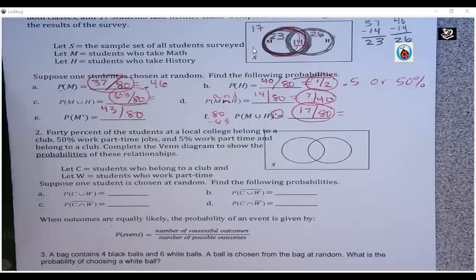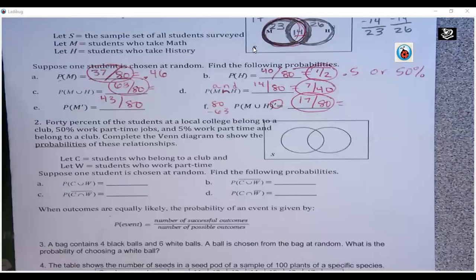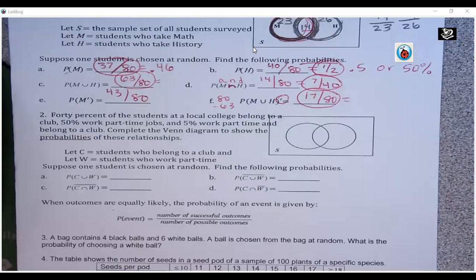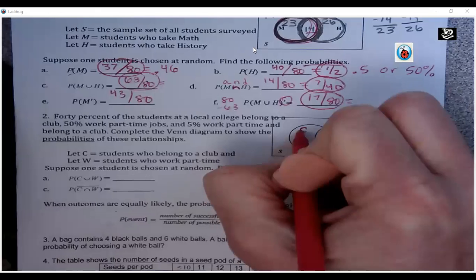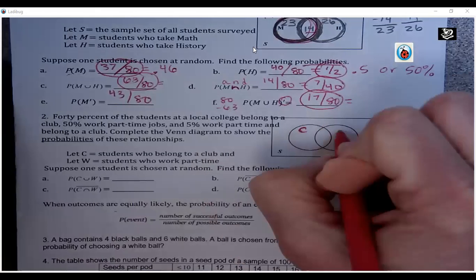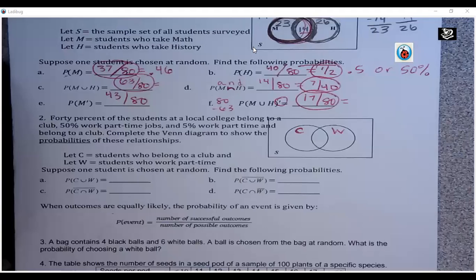Number 2, 40% of the students at local college belong to a club, 50% work part-time jobs, and 5% work part-time and belong to a club. Complete the Venn diagram to show the probabilities of these relationships. So I'm going to let this be the club, this be who works part-time.